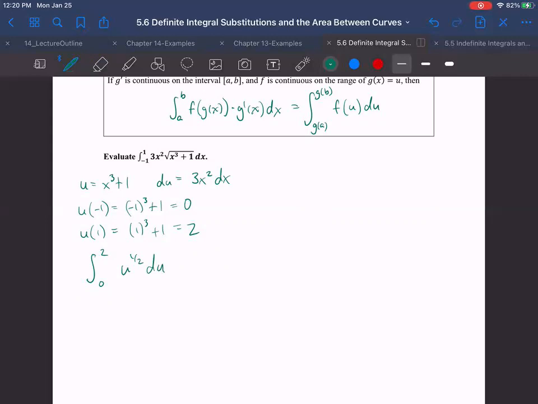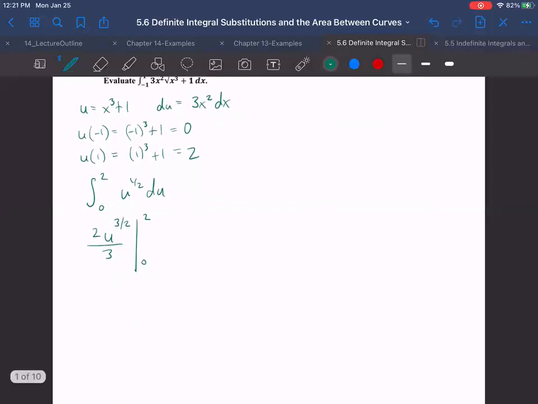And that's the integral then I need to do. So this becomes u to the 3/2 times 2/3, because it's u to the 3/2 over 3/2, which is, instead of dividing by the fraction, you multiply by the reciprocal, right? So that's 2/3 u to the 3/2, and we're evaluating it from 0 to 2.